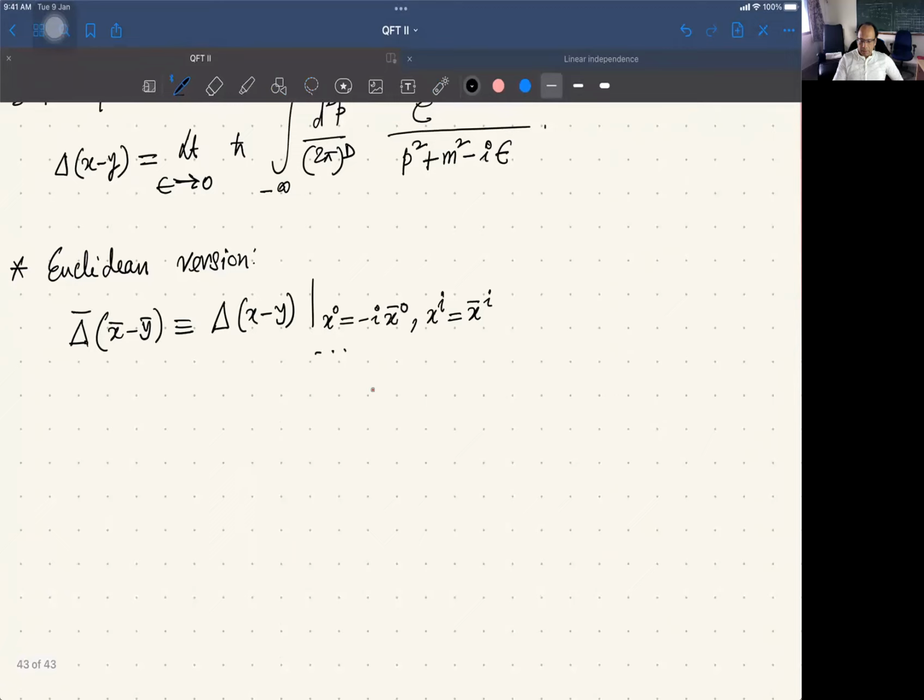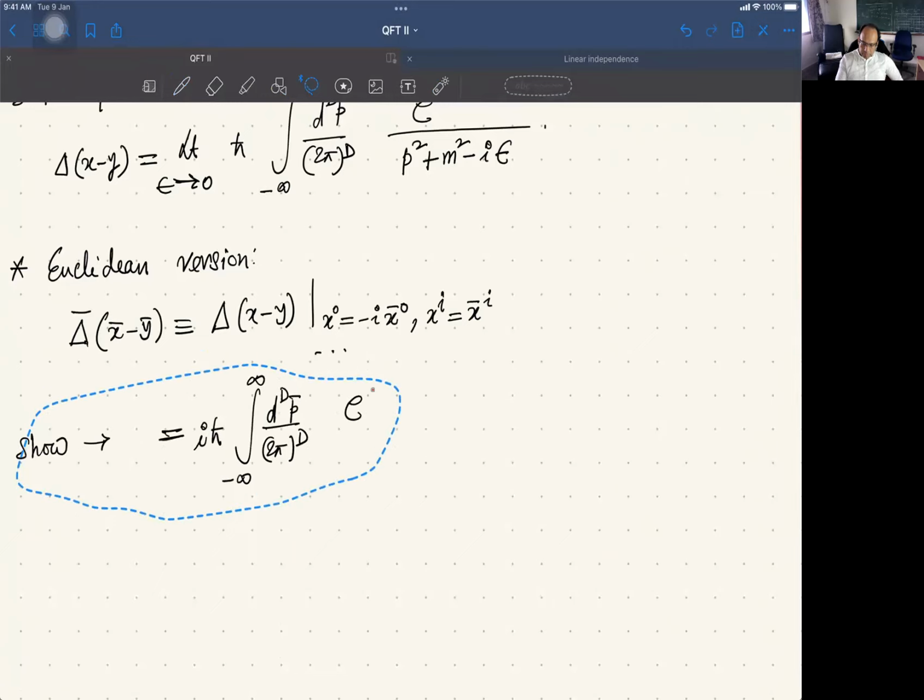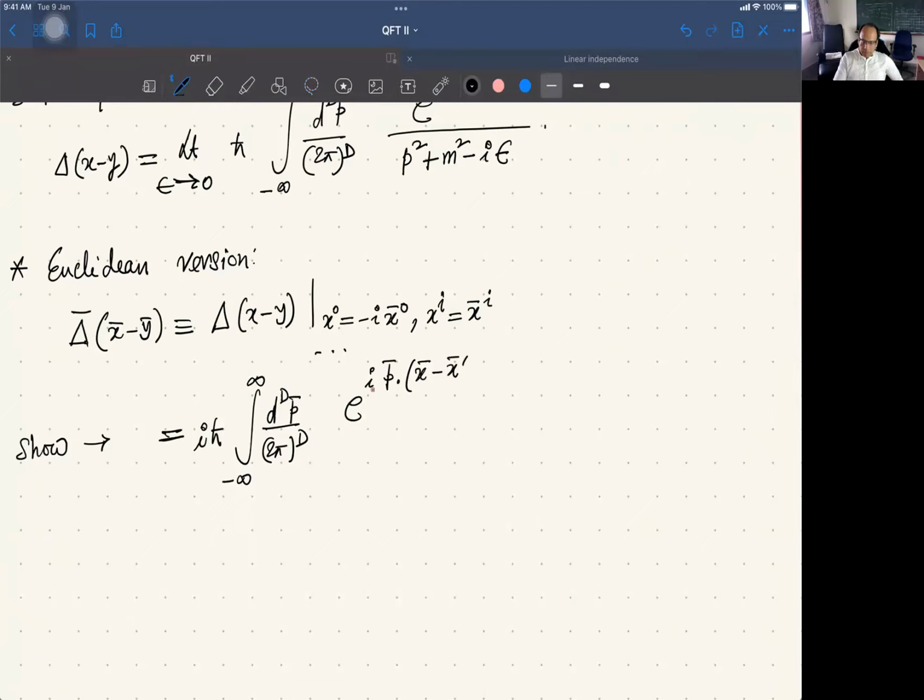So you take the same and then do this analytic continuation, then show that this Euclidean Green's function will be given by i h bar integral d^d p bar over (2 pi)^d from minus infinity to plus infinity of e to the power i p bar dot (x bar minus x bar prime) divided by p bar square plus m square, and you don't need any i epsilon.